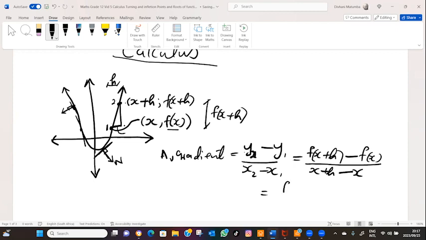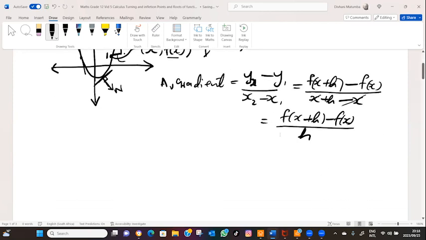And this will be f of x plus h minus f of x over h, since the x terms cancel out. This is what we are left with. Now, this is the fundamental equation. If you want to find the slope of the graph using the fundamentals, you use this equation. Fundamental principle.